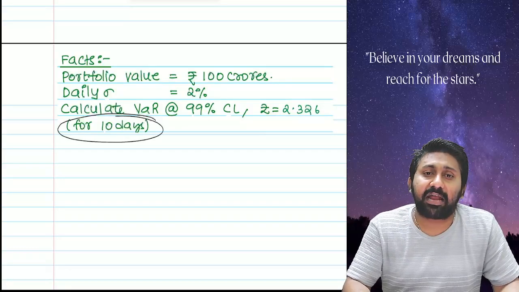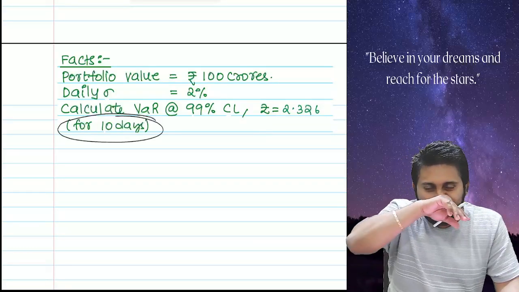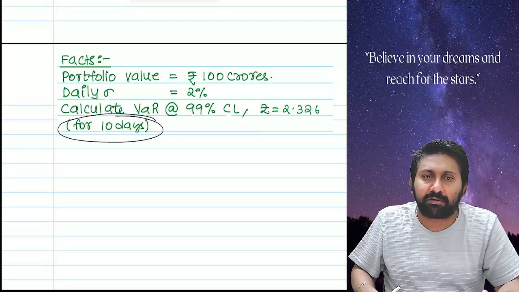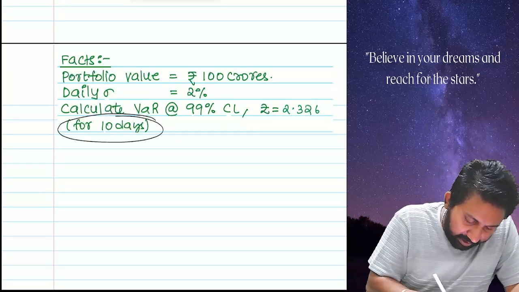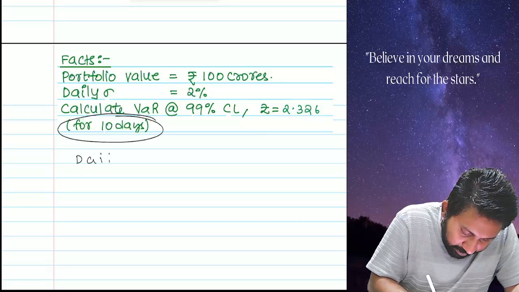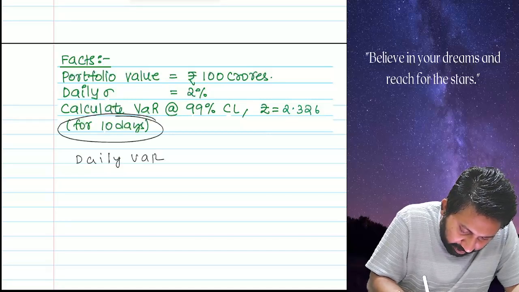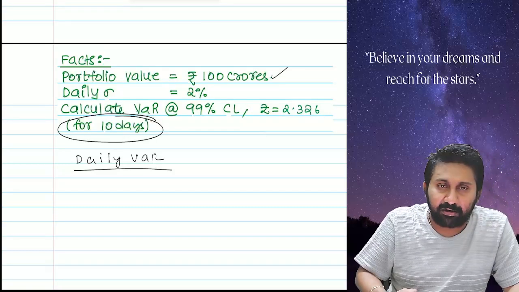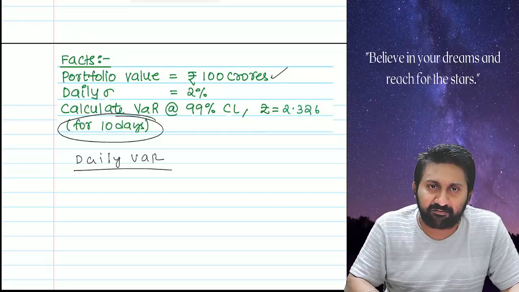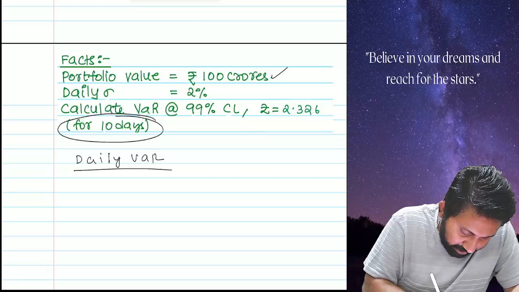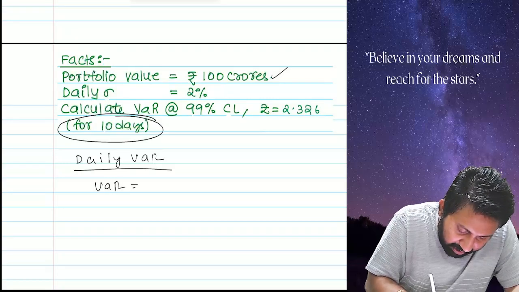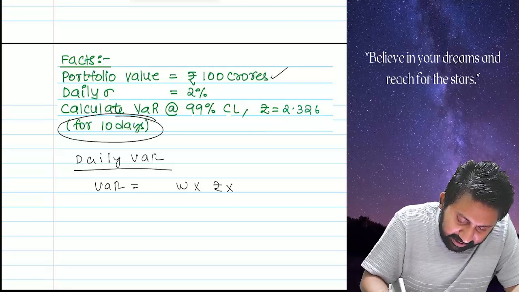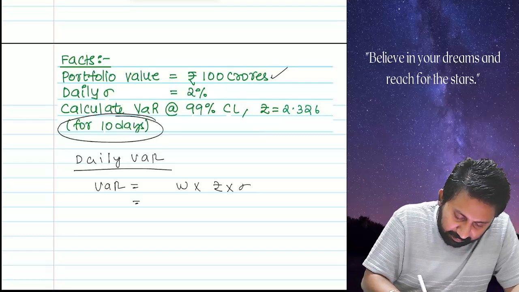Let us first calculate the daily VAR, and then daily VAR into some number of days will give you 10 days VAR. Okay, first daily VAR. Direct portfolio value is given. So let's not go by mean formula, directly portfolio value. So the VAR is equal to wealth into Z into sigma.